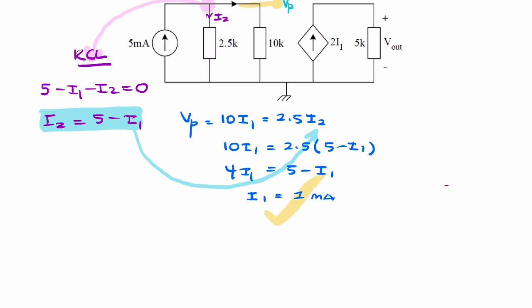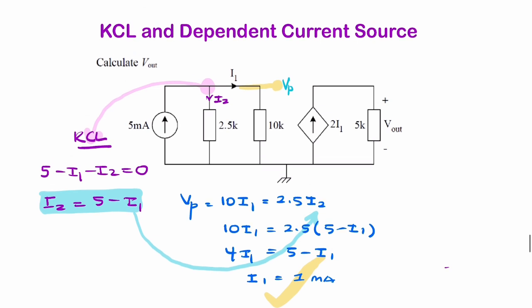Now, the question isn't asking for I1, it's asking for V out, but we find V out by multiplying this current by 5, and this current is twice I1. So it's looking good. Let's give this current a name, I3.